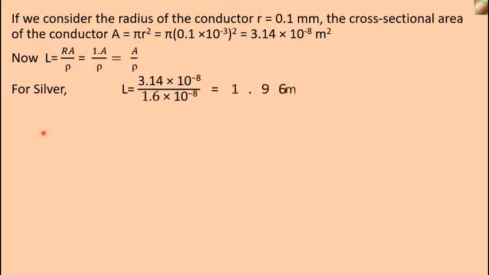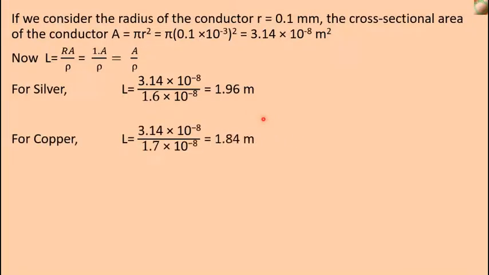For silver, L is equal to 3.14 into 10 to the minus 8 meter square, the cross-sectional area, divided by rho, 1.6 into 10 to the minus 8 ohm meter, which is equal to 1.96. Now if we keep the length only 1.96 meter with this cross-sectional area, then the resistance of this conductor is 1 ohm. A very small length, 1.96 meter only.